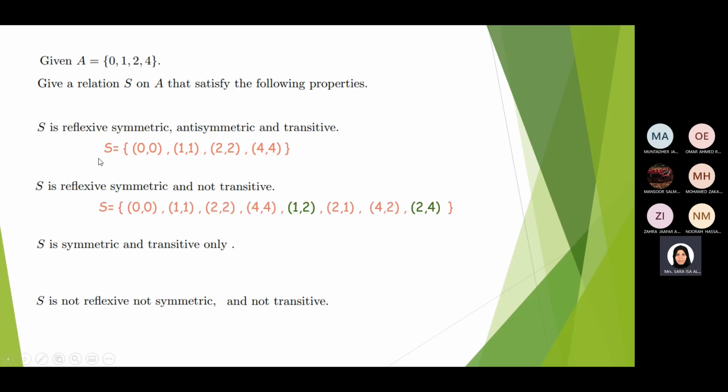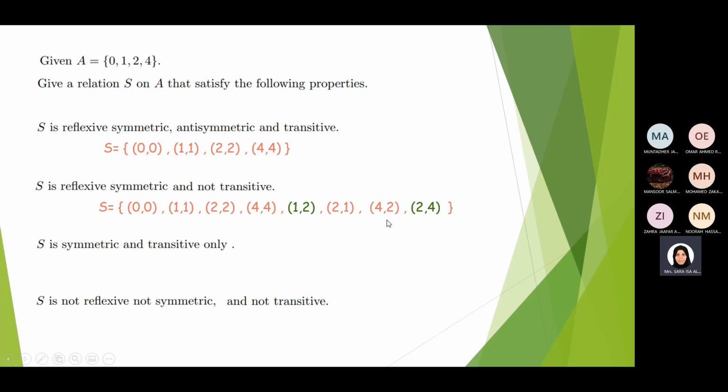So in this case, for example, if I add 1 2, I have to add 2 1 to make it symmetric. Okay, but in case I add 1 2 and 2 1 and I stop here, it will be transitive.